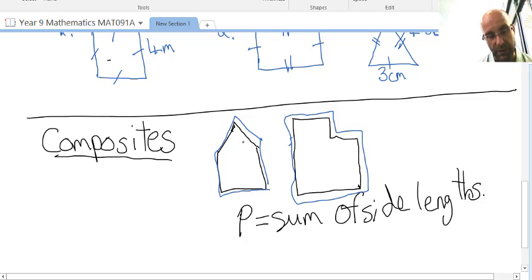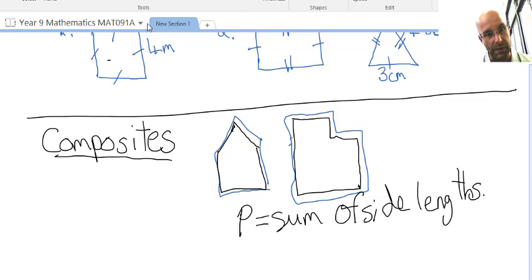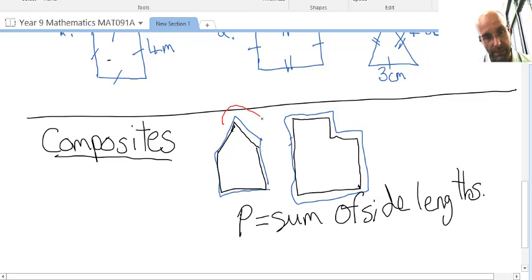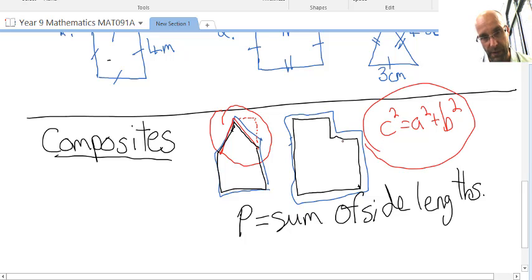If we don't know the side length, sometimes we might not be able to do the question, or if it's, say, this one here, where we're given all the other sides except for the slant height, trickier questions may give us this height and that distance there, and we'd be able to use Pythagoras' theorem to find that slant height, which is a little bit harder because you have to apply two ideas together.